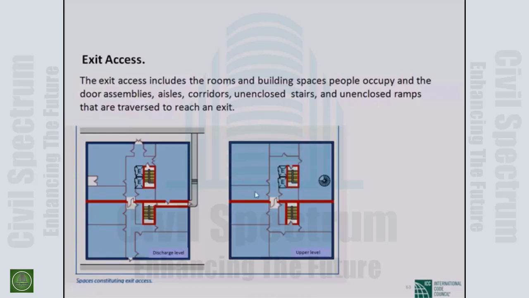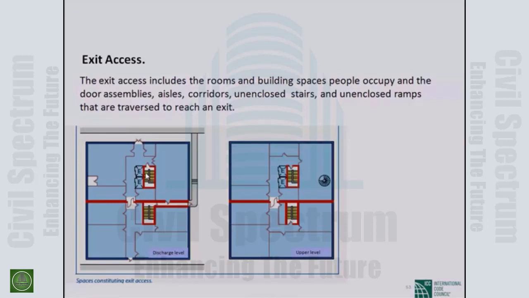From the upper level, from any point you go through an exit to the staircase, and there is an elevator which is separated from the exit. So from the upper level, through the stair, you come down to the ground level, or discharge level. From the discharge level, you have to go out to the discharge point.